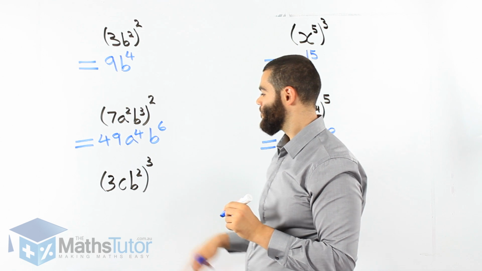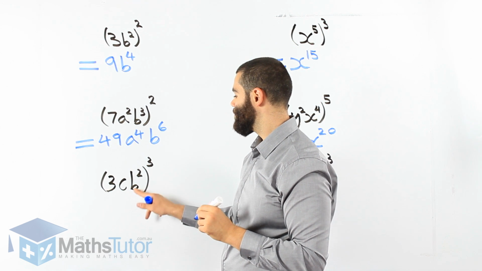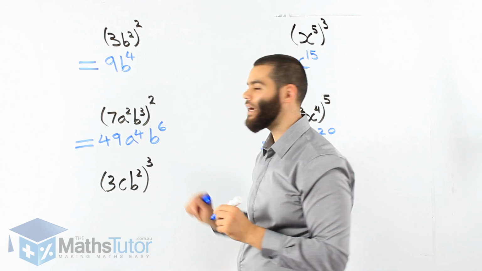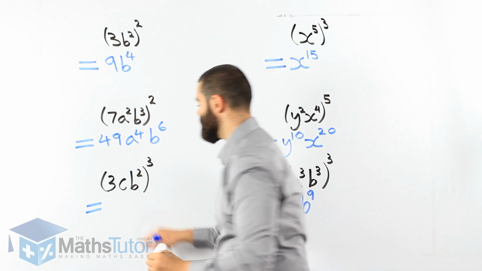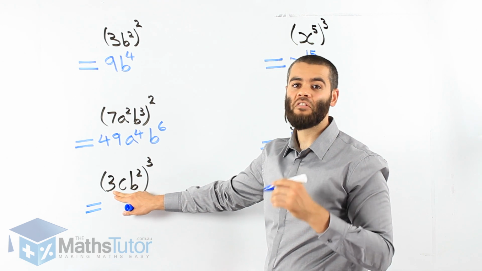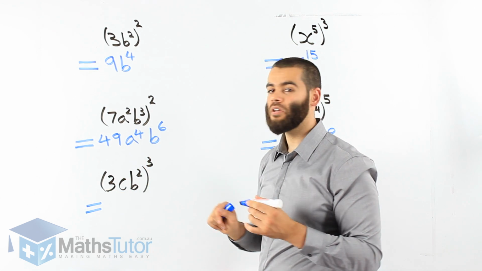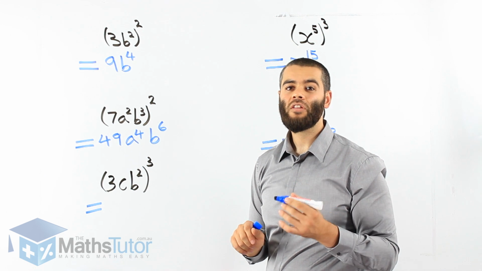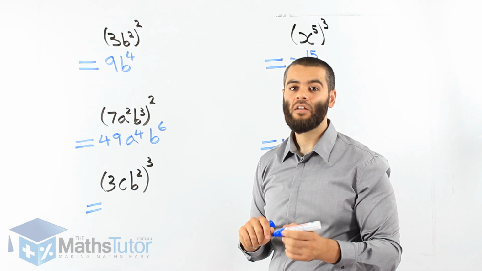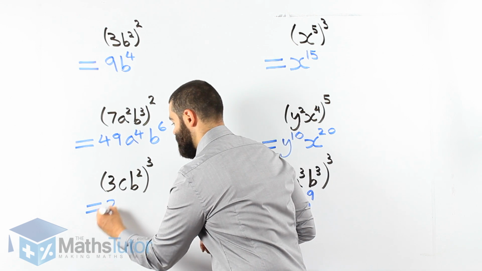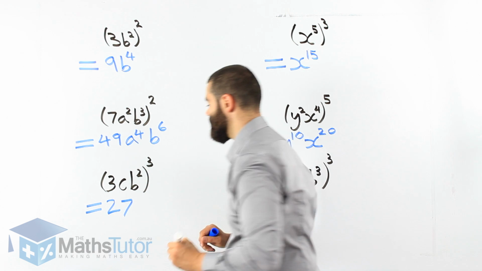Last one. 3, c, b to the power of 2, all in brackets, to the power of 3. So, again, we have a 3, it is a numeral, it follows the normal rules. 3 cubed, 3 to the power of 3. 3 times itself, 3 times 3 times 3, which is 27. 27.